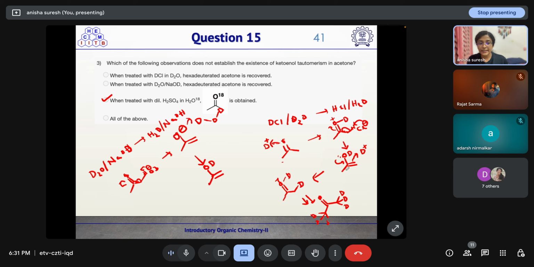Then as we have seen, it can undergo keto-enol tautomerism and lead to formation of hexadeuterated acetone. So the second case also proves the existence of keto-enol tautomerism, right?